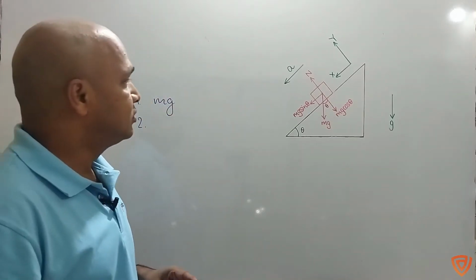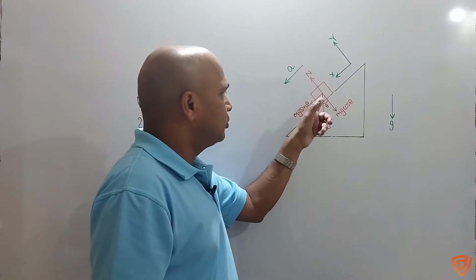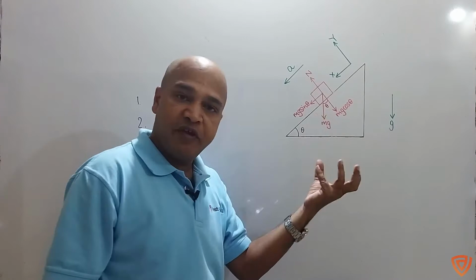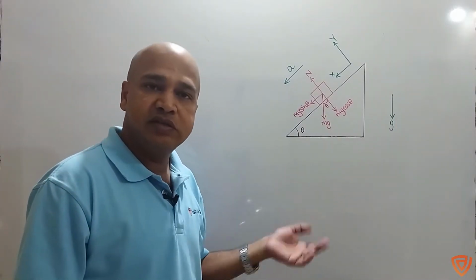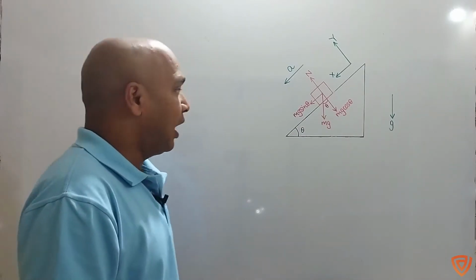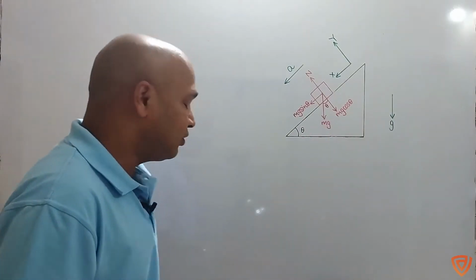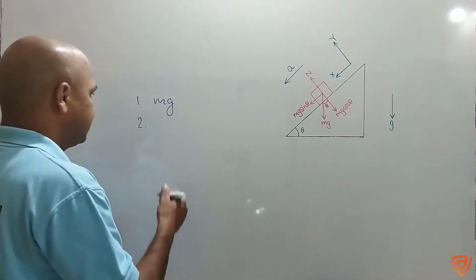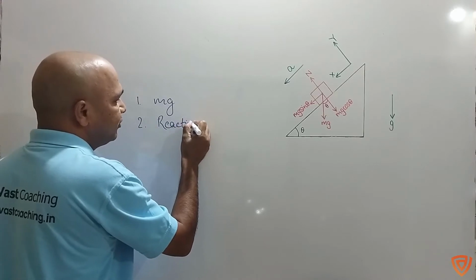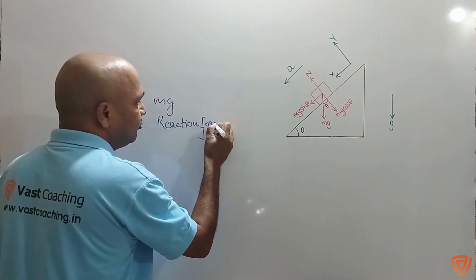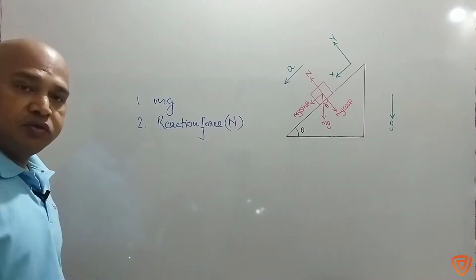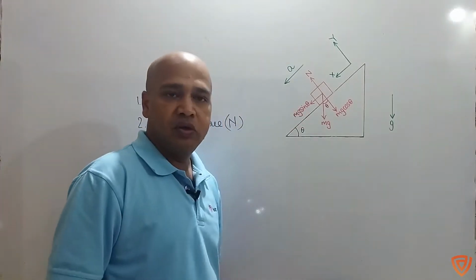What is the second force? Since the weight acts downwards, it will cause a reaction force, by Newton's third law: every action causes a reaction. I will talk about the direction of the forces later on. Let's identify the forces first. So the reaction force because of the weight, which is N. These are the only two forces acting right now on this particular system.